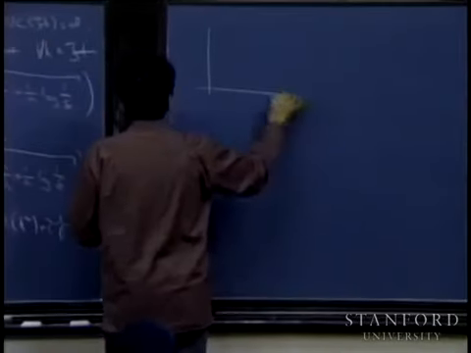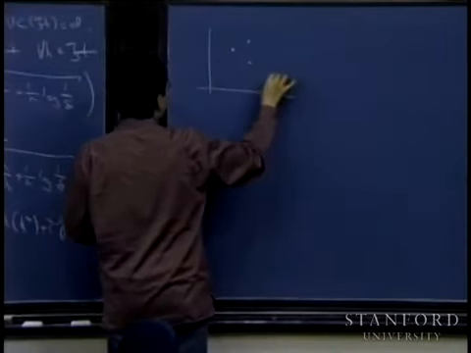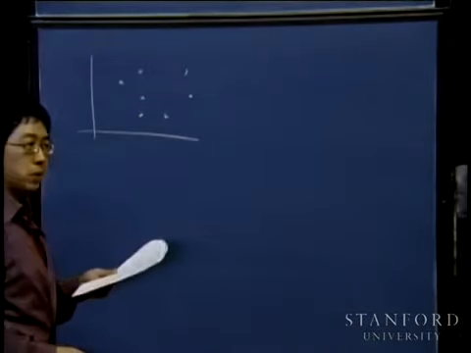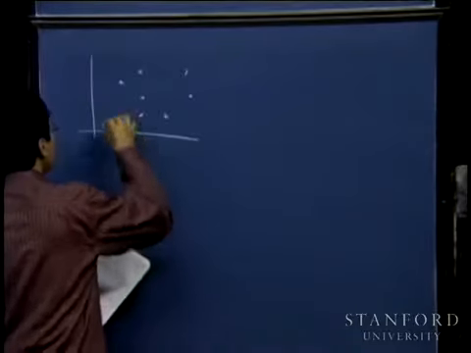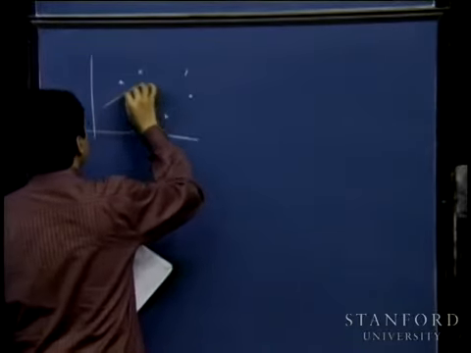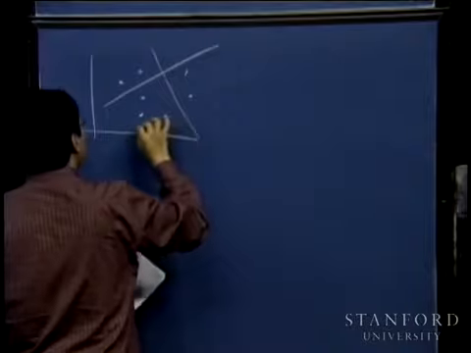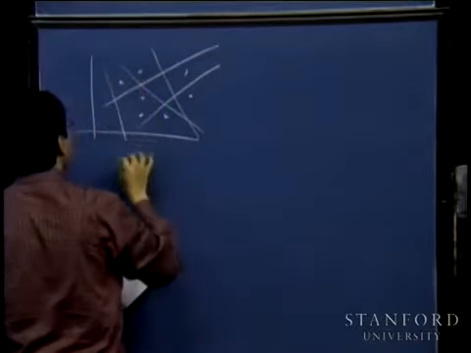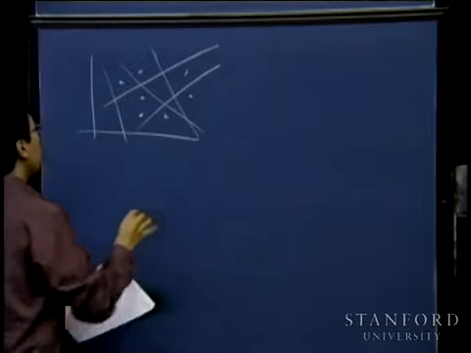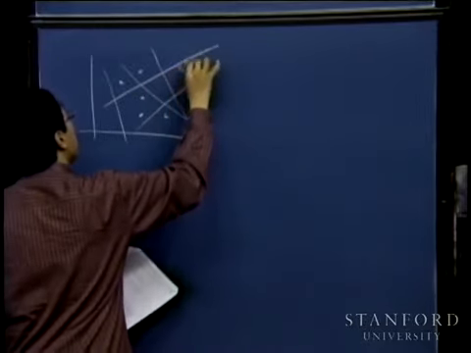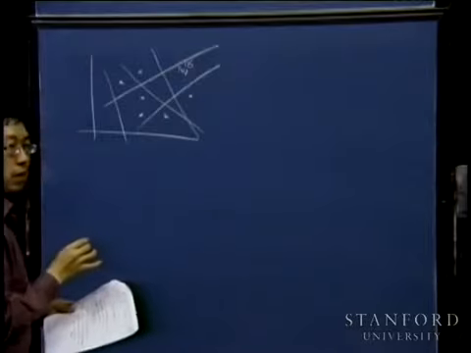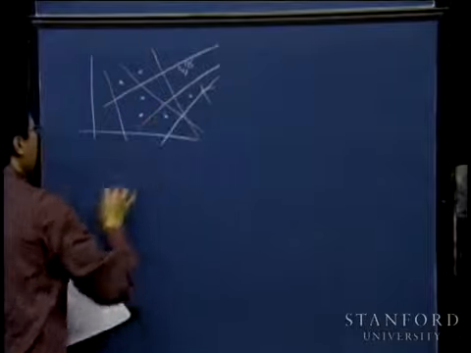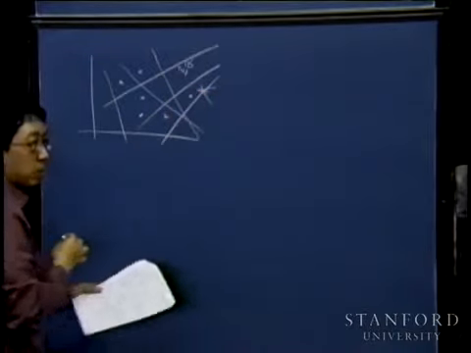I will give you a set of points, and if I ask you to consider only the class of lines that separate these points with a large margin, my hypothesis class will comprise only linear decision boundaries that separate the points with a margin of at least gamma. So I won't allow a line that comes too close to one of my points.